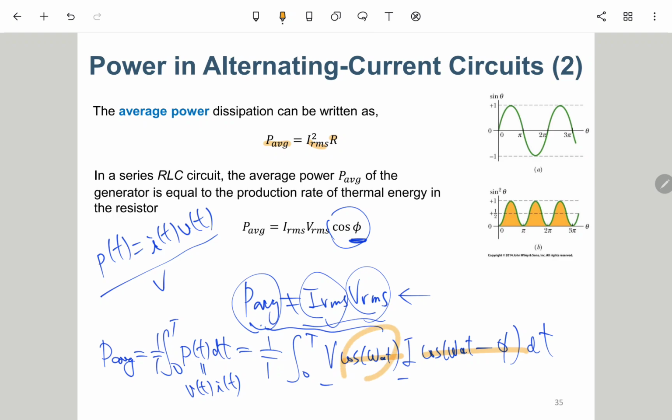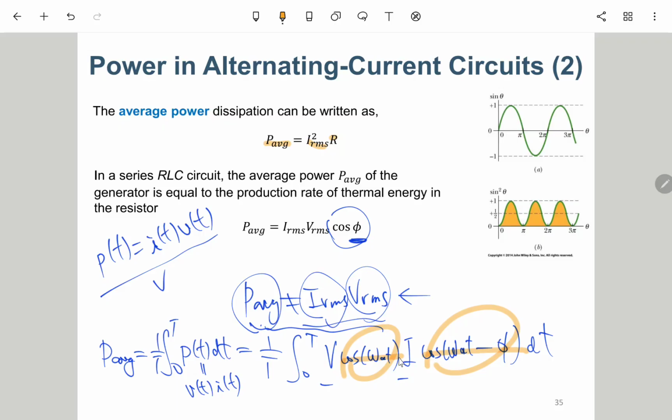So I'm not sure whether you still remember this. You try to multiply two cosines together. You can make it the angle added together and the angle subtracted from each other. If the angle subtracts, it remains cosine of phi, and the remaining thing will be cosine of 2 omega t.